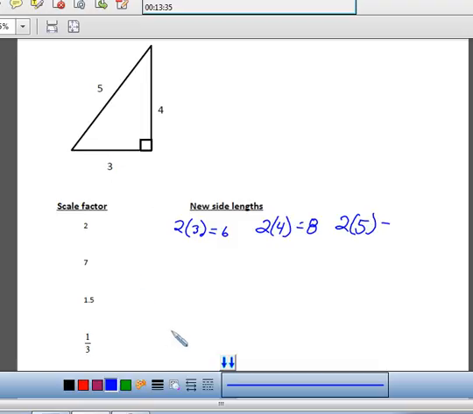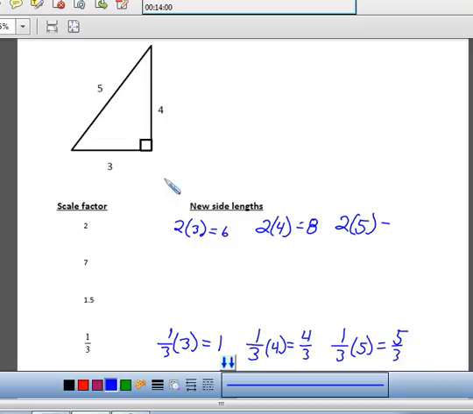First side is 3. So I'm going to multiply 3 by 1/3. And that gives me 1. And then I'm going to multiply 4 by 1/3. And if you do, that's not a nice decimal, so let's leave it as a fraction, 4/3. And then the last one, 1/3 times 5, and that's 5/3.